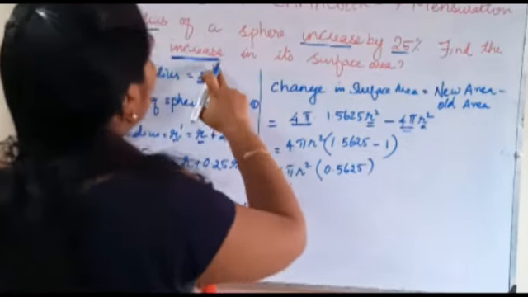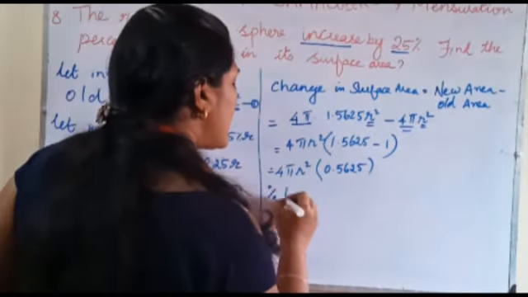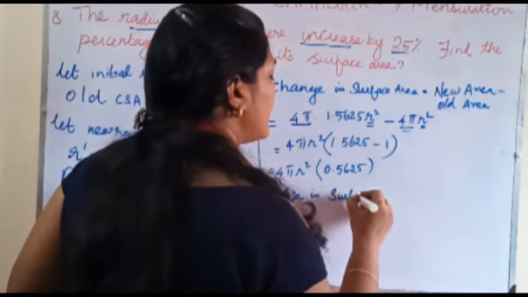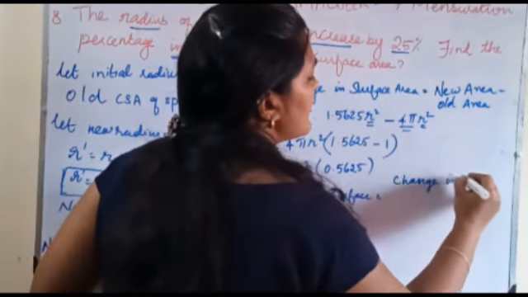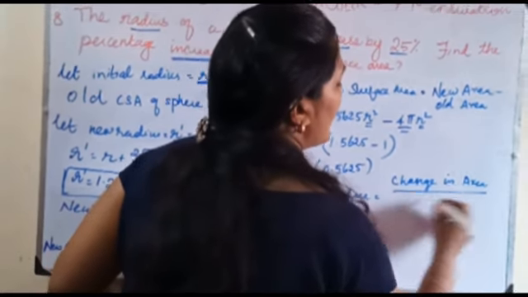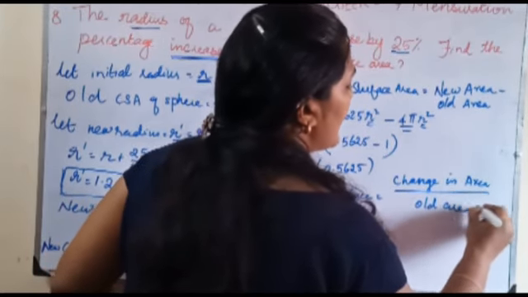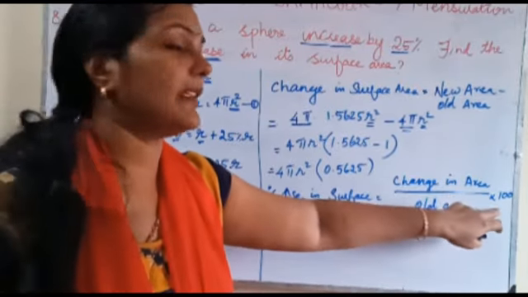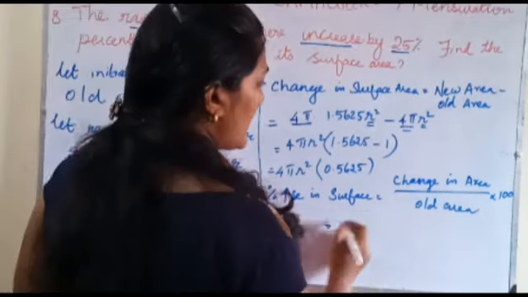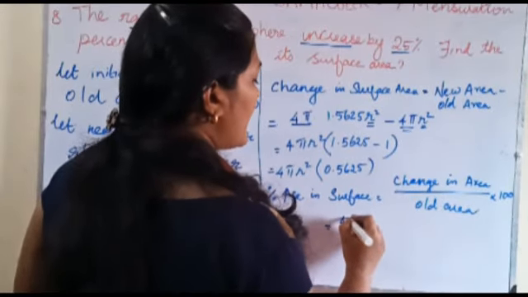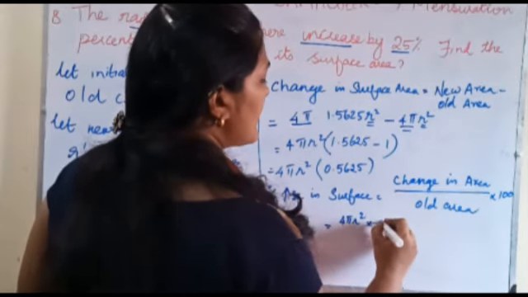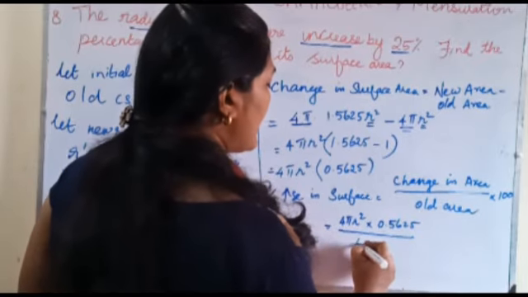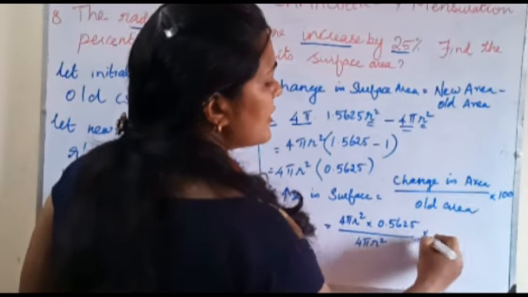Now what is the percentage increase in surface area? Percentage increase in surface area is equal to change in area divided by old area into 100. That is, for the first area, it has increased by this much, so for 100 how much, that is the percentage. Understand? Change in area 4 pi r square into 0.5625 divided by the initial or old area 4 pi r square, into 100.